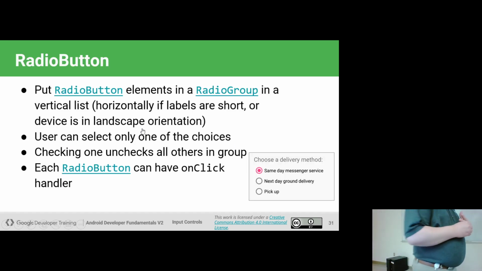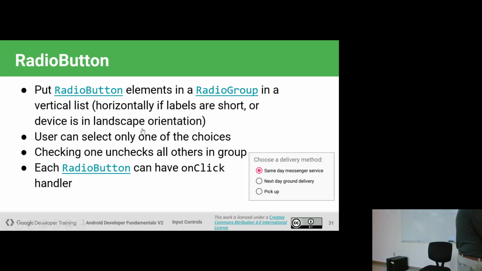Okay. So if we want radio buttons, we're going to make sure that we put them inside a radio group. That way, if we select one, it automatically deselects the other. We can do that in landscape. Vertical orientation is kind of the norm, but we can also do that in horizontal orientation. Horizontal orientation is actually really good if we have short labels on a small device, right?